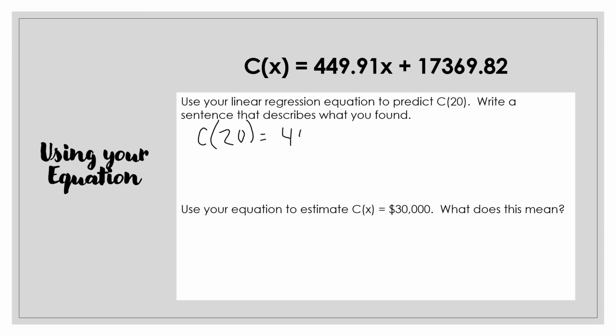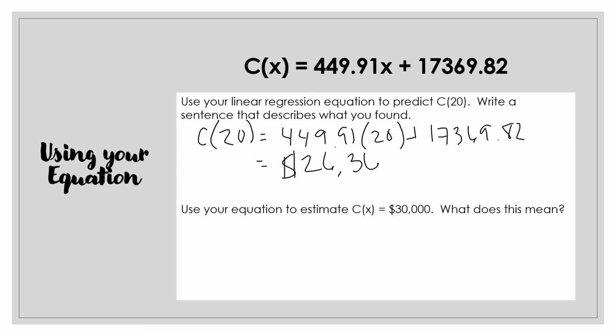So I'm going to plug 20 into this equation for X. Okay, we plug it in and we get 26,368.02. Okay, so what does that mean? That means that would be the cost in 20 years.